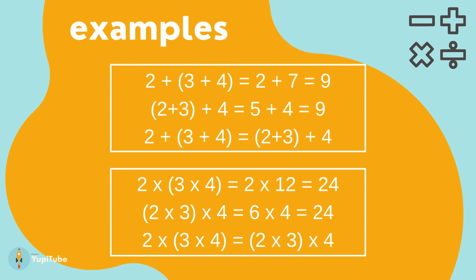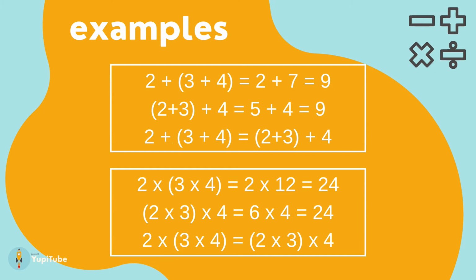For example, 2 plus open parenthesis 3 plus 4 close parenthesis is equal to 2 plus 7 is equal to 9.